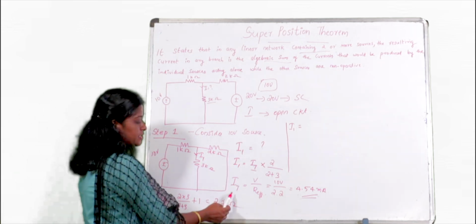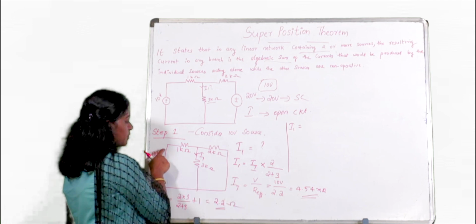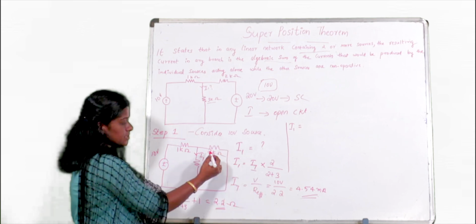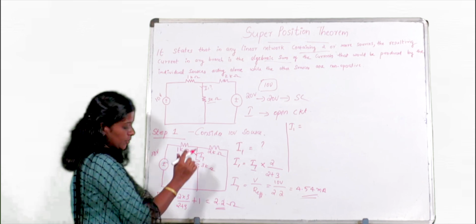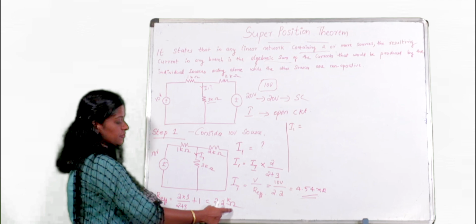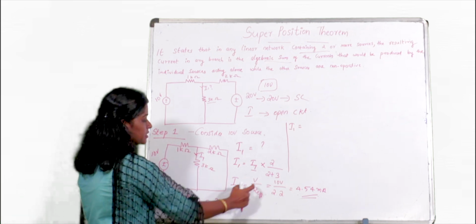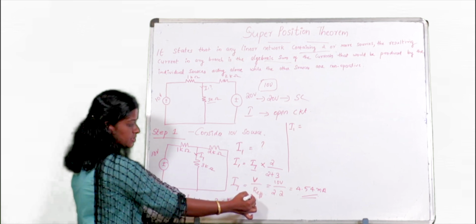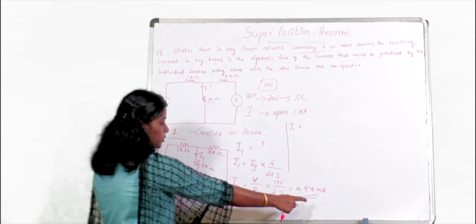First we find the total current by dividing voltage by effective resistance. Here the 2 and 3 kilo ohm are connected in parallel, which is in series with the 1 kilo ohm, so we get 2.2 kilo ohm as the effective resistance of this circuit. Dividing voltage by effective resistance, we get 4.54 milliampere. This is the total current.